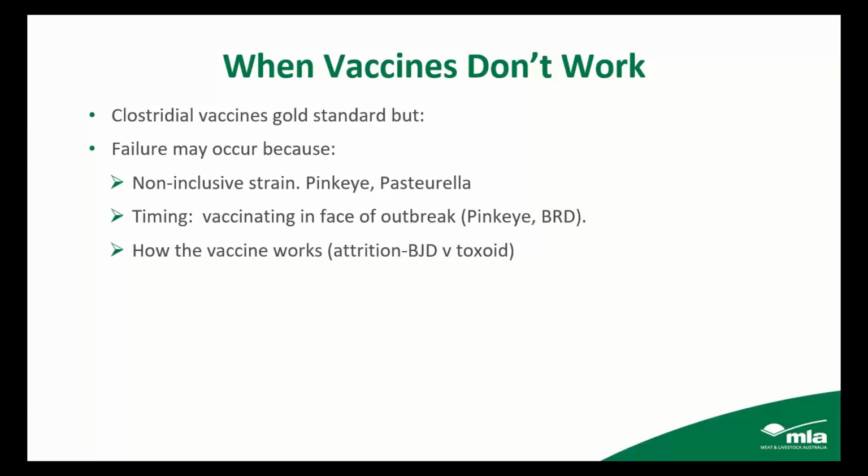I think it's important to keep in mind how the vaccine works. So the bovine Johne's disease vaccine works by attrition. By that we mean, in fact, that over a period of time, it reduces the number of animals that break down and have mega shedding, and so the whole contamination and reinfection cycle is slowly worn away.